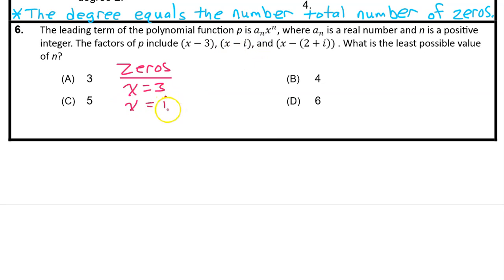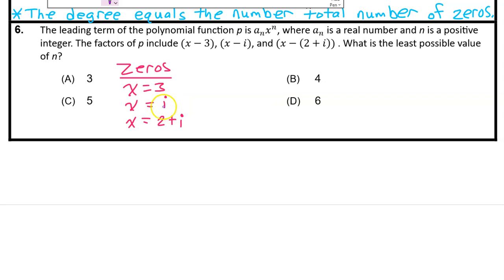I'm going to come back to that. And if we set this equal to 0 and solve, we get x equals 2 plus i. So far, we have 3 zeros. Does that mean the degree is 3? Not so fast. Earlier in this video, I mentioned that imaginary zeros always occur in conjugate pairs. So I see this imaginary 0 right here.